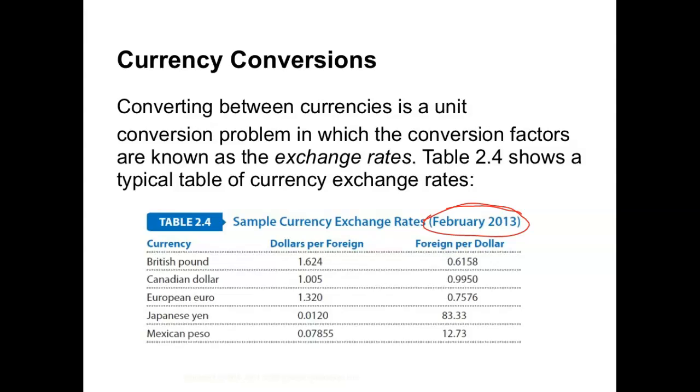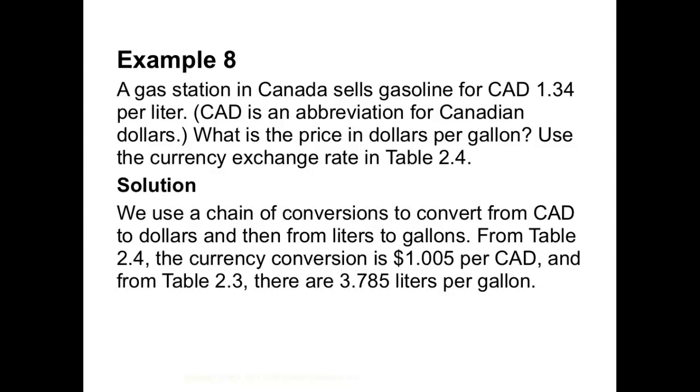So you're given both rates, dollars per foreign or foreign per dollars. And so if a gas station in Canada sells gas for $1.34 Canadian per liter, what is the exchange rate in dollars per gallon?